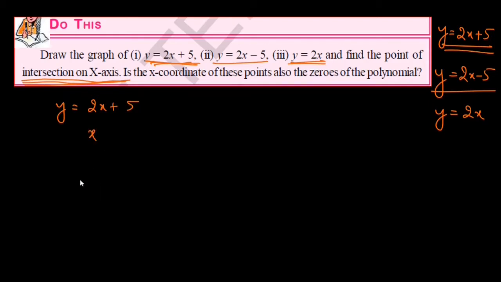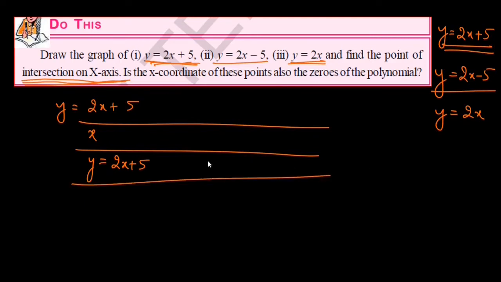Let us take some values of x and values of y for the x values taken. Let us say x is equal to 0. Then y is equal to 2 into 0 plus 5. This is 5.